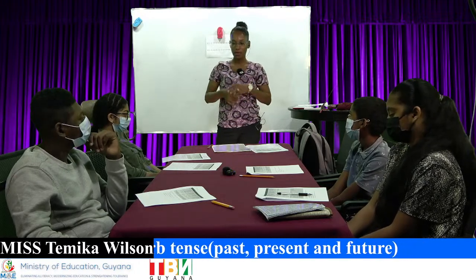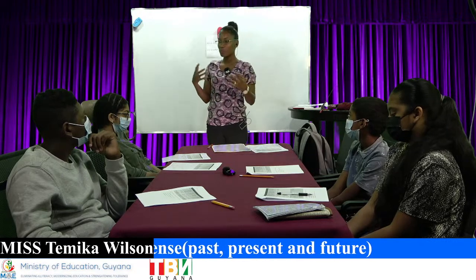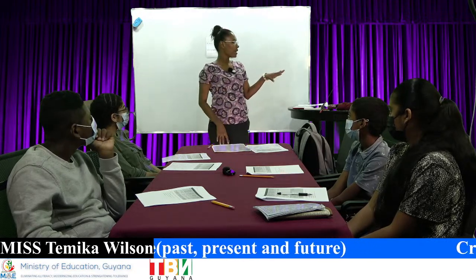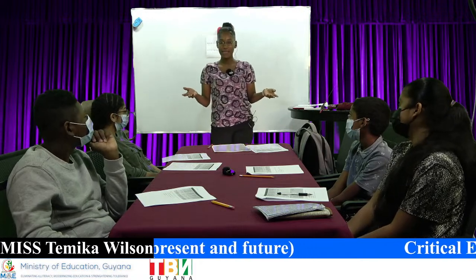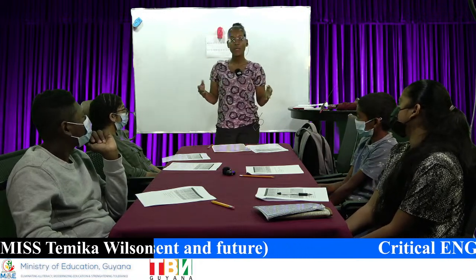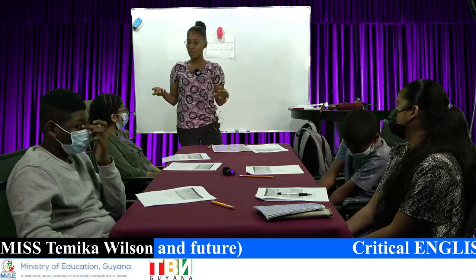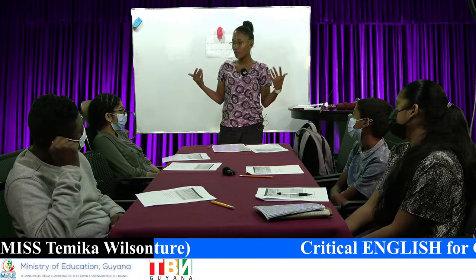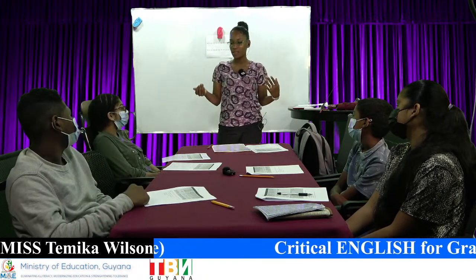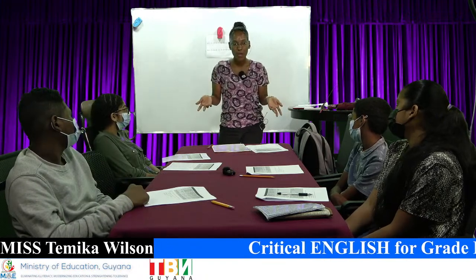I know it was quite a lot today. It was a whole mouthful, but I know that the game made it easier. So what does that tell us? It tells us that in life, even though sometimes things may seem difficult, we've got to find fun ways to make it lasting and memorable.